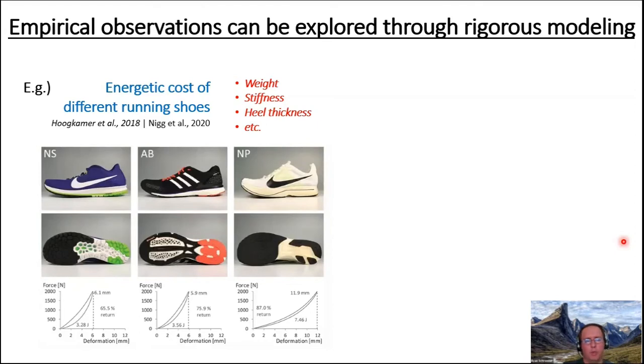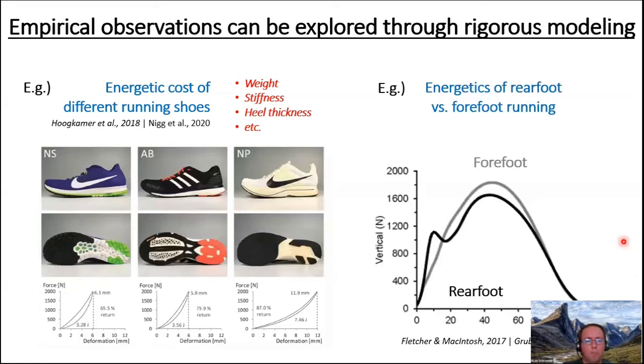And this has already been shown, that heavier shoes tend to be more costly, so it's not necessarily anything new, but it's just an example of how we can use a simple physics model like this to think about some of these questions. Another example, I talked about the rear foot versus forefoot running. So in the model I presented today, the transient heel strike impact is captured conceptually with this collision impulse.